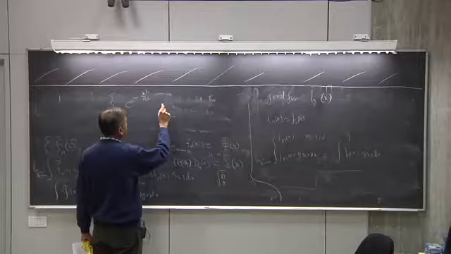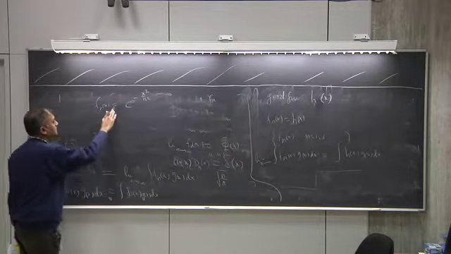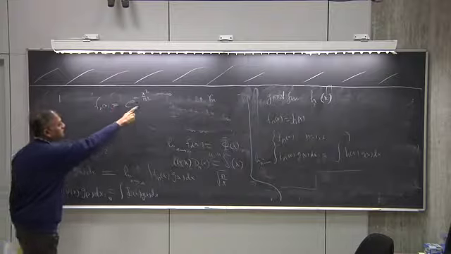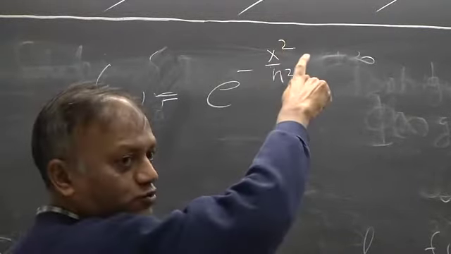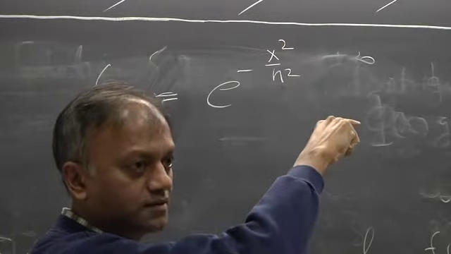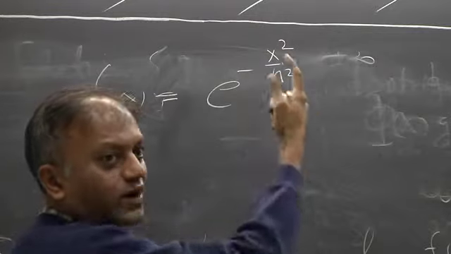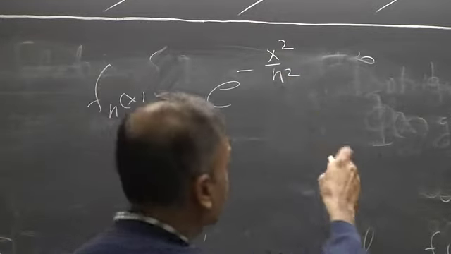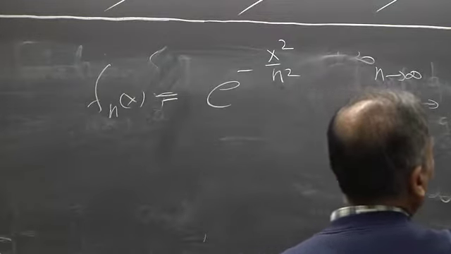Consider this function as f n of x. In the limit n goes to infinity, no matter what value of x you choose, this goes to 0 in the exponent, so it's just 1. So as n goes to infinity, it is equal to 1 for any finite x.